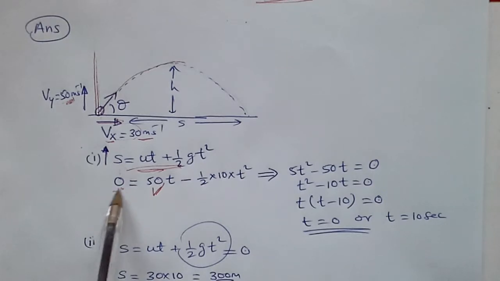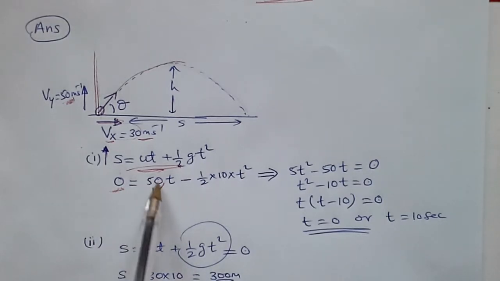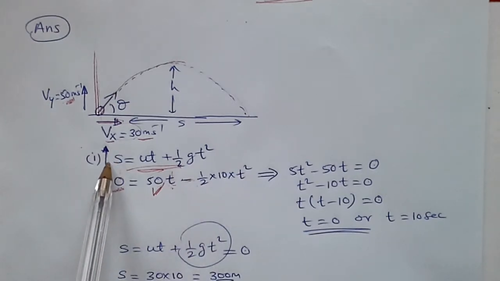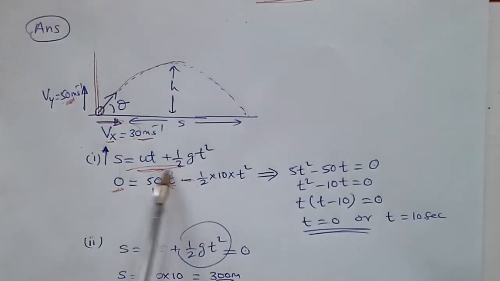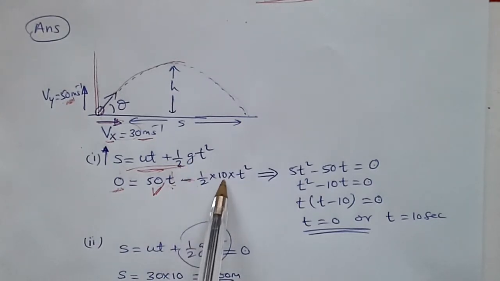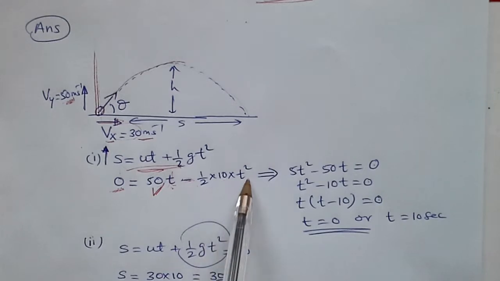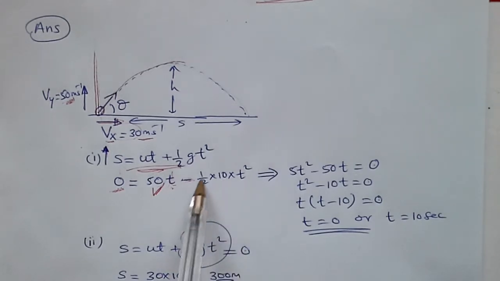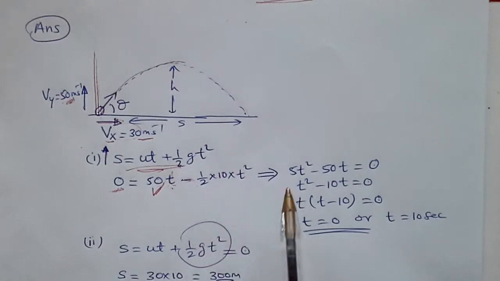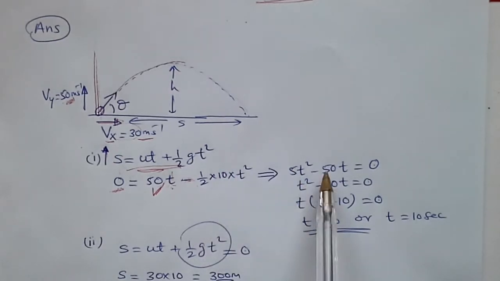So that's why here I put 0 equals 50 into t minus half into 10 into t squared. The minus sign is there because I apply this equation upward but the gravity is downward. So 2 and 10 you can cancel, you get 5.